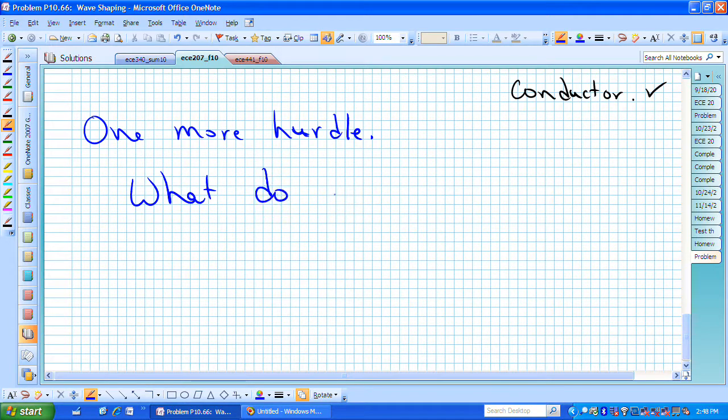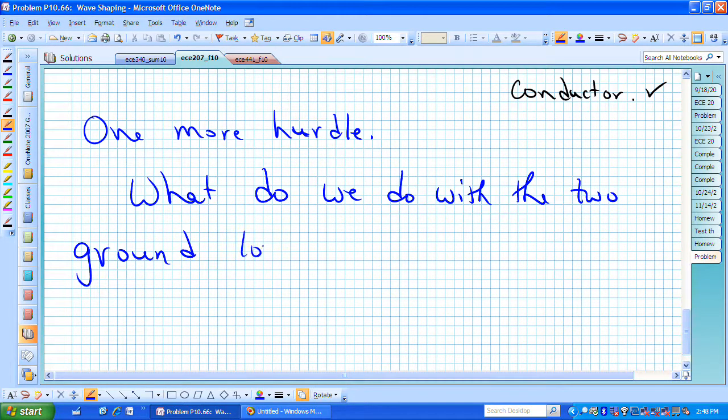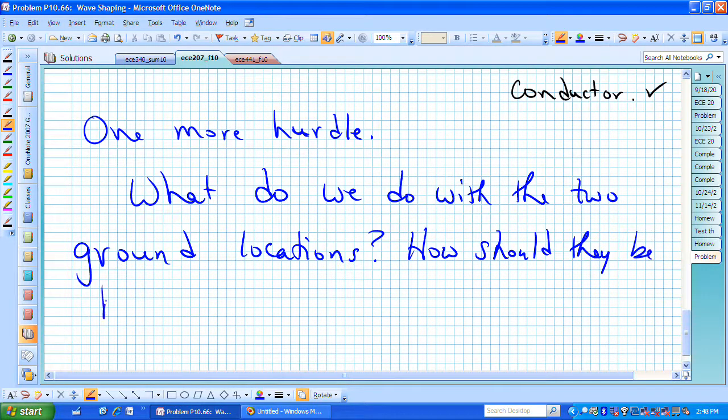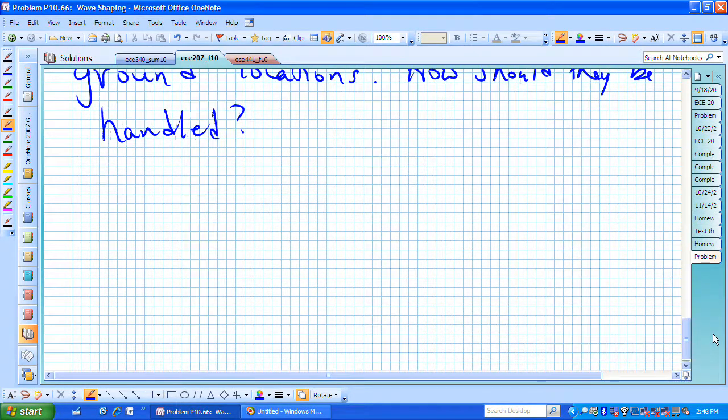So the question that I'm trying to answer is, what do we do with the two ground locations, or how should they be handled? And I've actually hinted at what we are going to do.